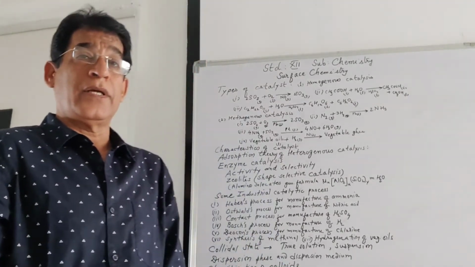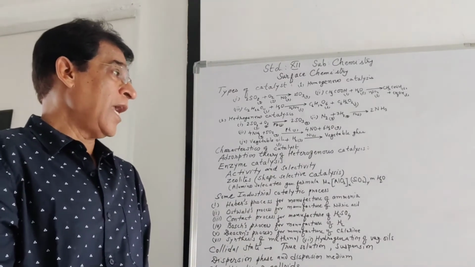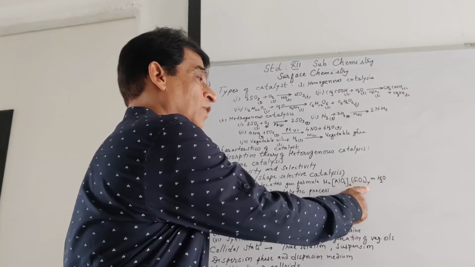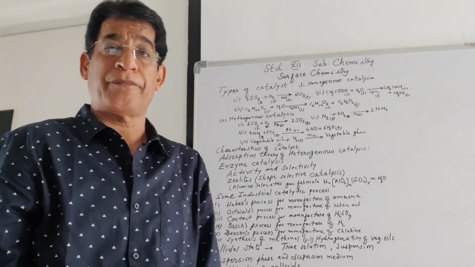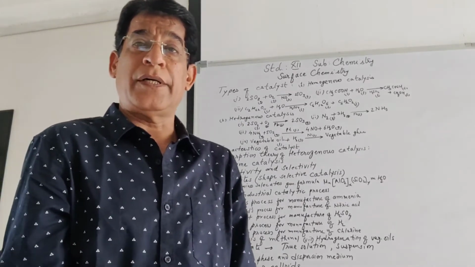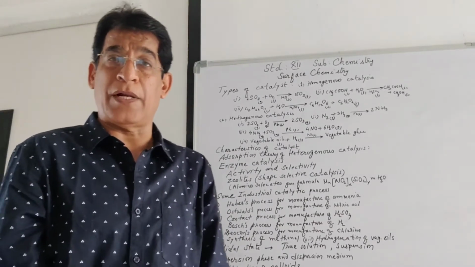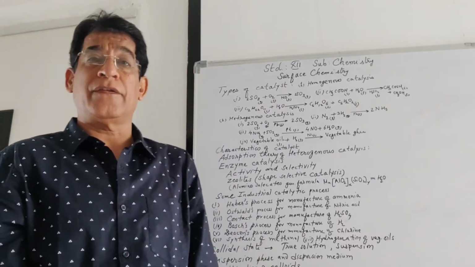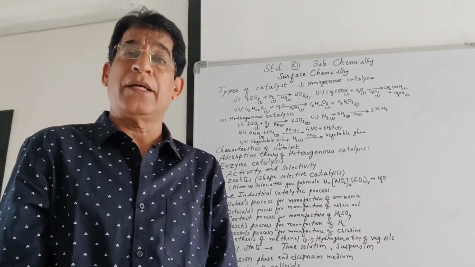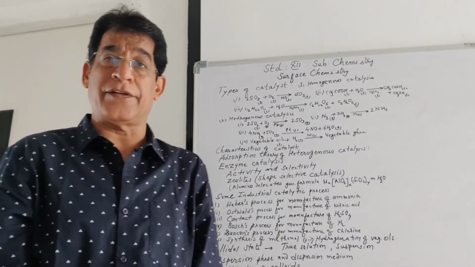Zeolites are aluminosilicates of the general formula M(n+)x/n [(AlO2)x (SiO2)y] mH2O. Here, M may be a simple cation like Na+, K+ or Ca2+, n is the charge on the simple cation, and m is the number of molecules of water of crystallization.